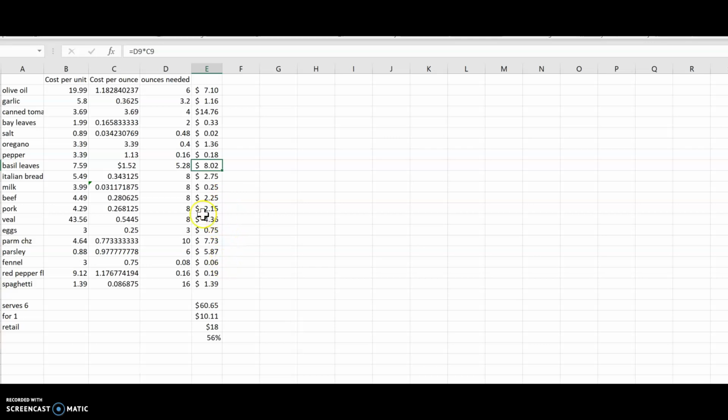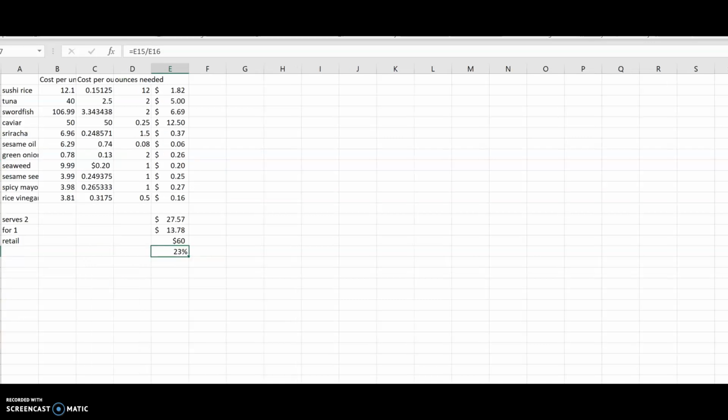I also see that the veal is double the price of the pork and the beef. The recipe that I selected did equal parts of beef, pork, and veal, but the veal is much more expensive. So maybe I just go beef and pork with it, and I eliminate that higher cost item, and so on and so forth. So that's another example.